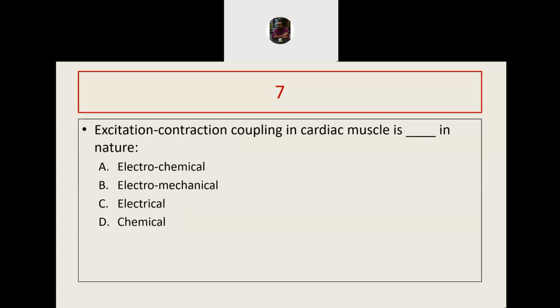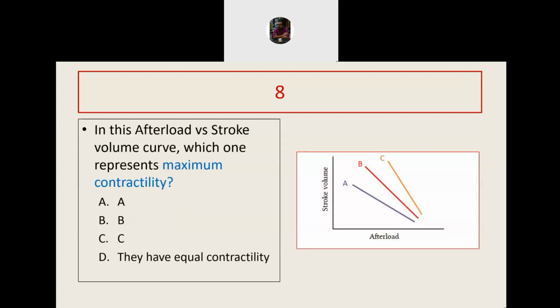Excitation-contraction coupling in cardiac muscle is. Wonderful. It is electrochemical in nature. In this afterload versus stroke volume curve, which one has maximum contractility? Very good.